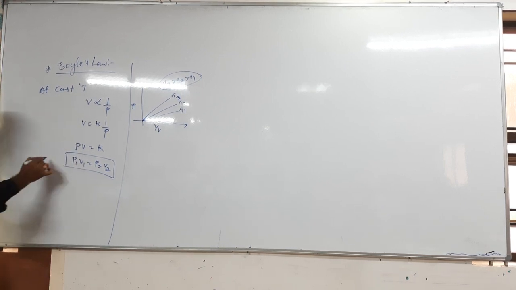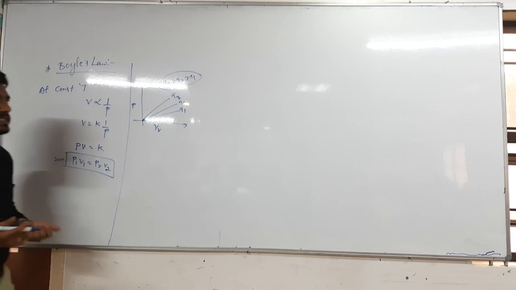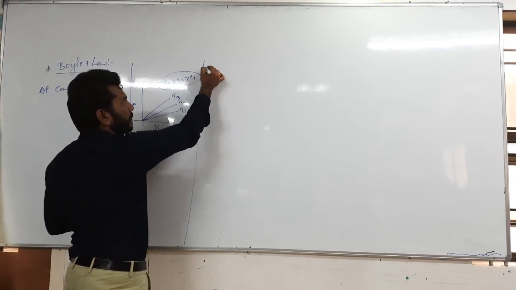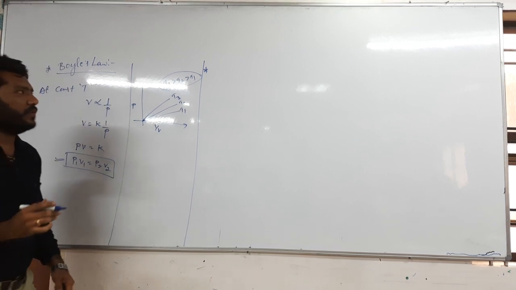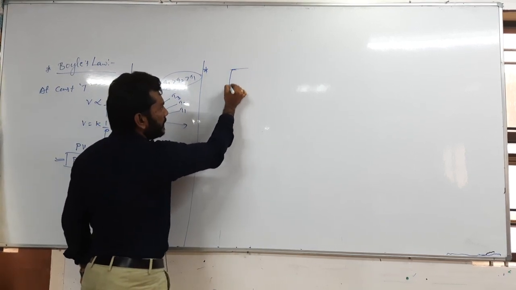So since we have an equation, based on that we must look at some numericals. Let us see some numericals based on this particular equation. Just consider I have two containers.